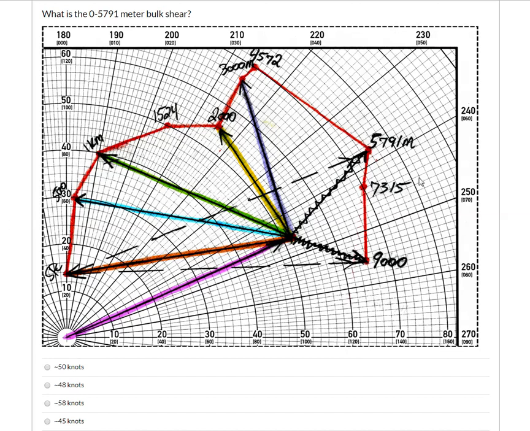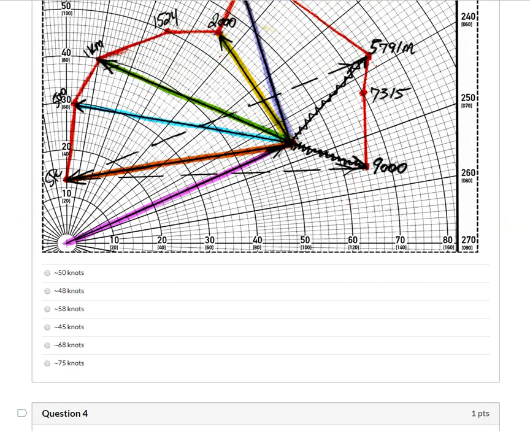All you'll do, just like you did with storm relative and ground relative winds, is take the bulk shear vector you need and translate it down to the x-axis or y-axis, depending on which one you prefer. Just measure that with a ruler, see how many knots it lines out to be, and that'll give you the answer for that.